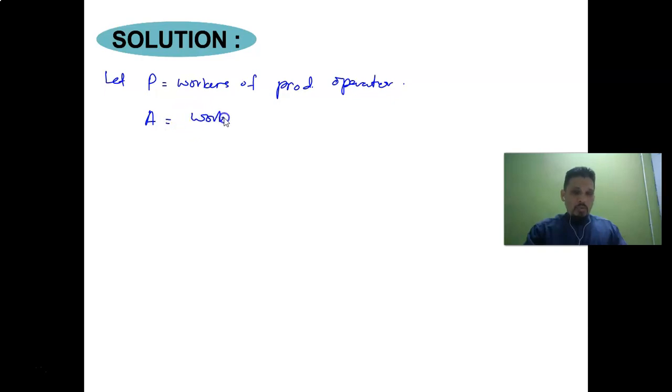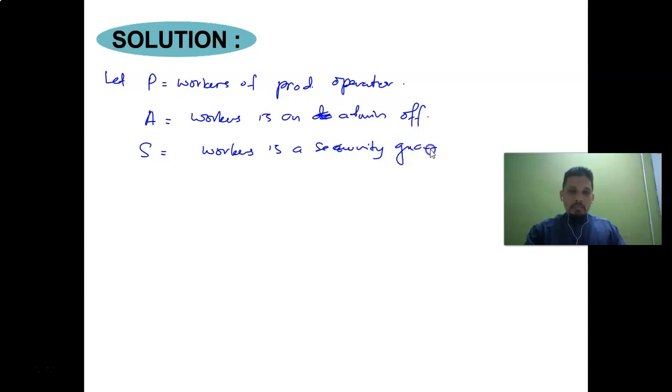Okay, so now let P equal workers who are production operators, A equal workers who are admin officers, and S, workers who are security guards. So the first question: workers being a production operator.